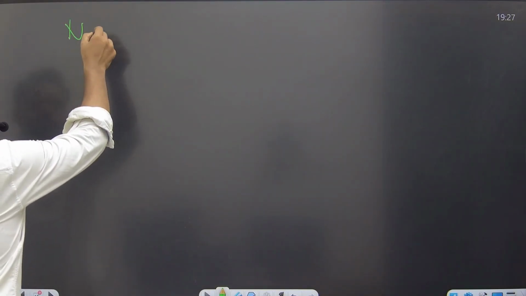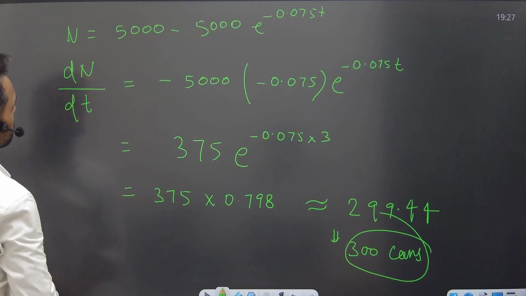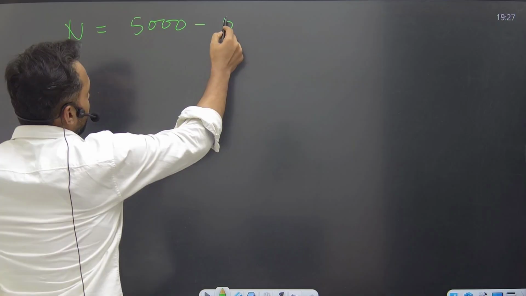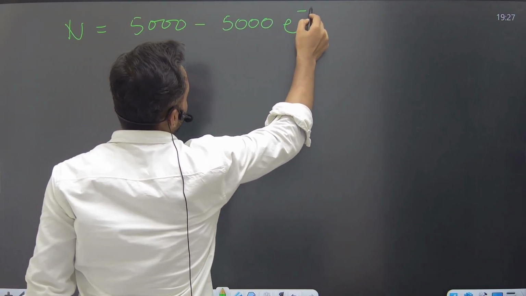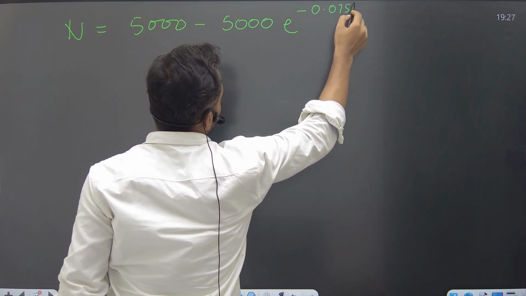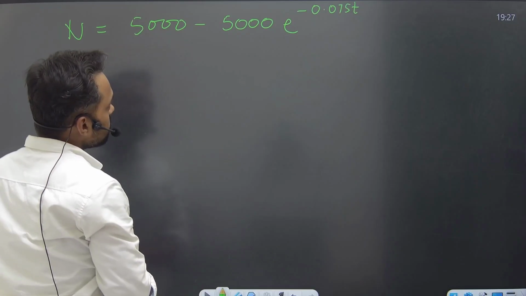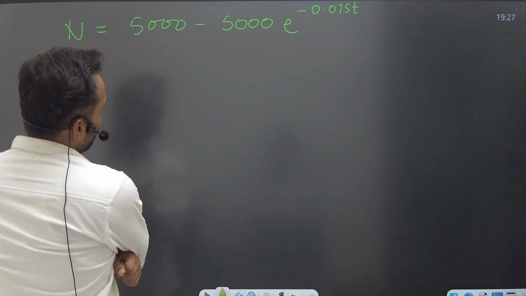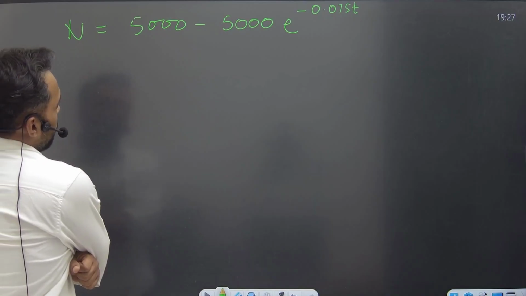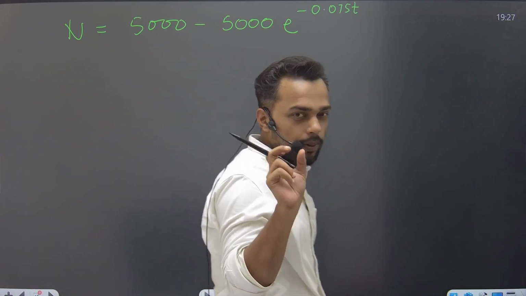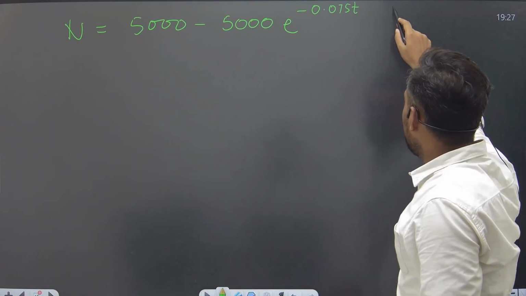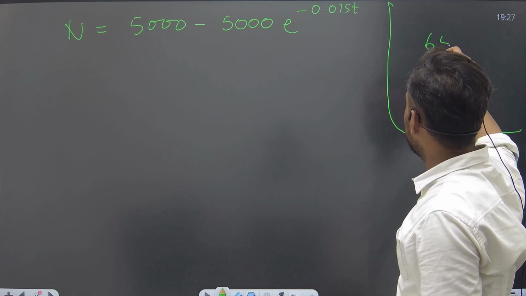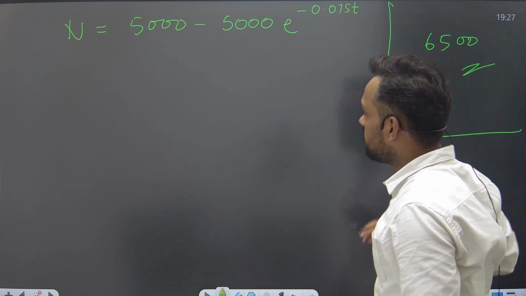N was equal to 5000 negative of 5000 e raised to the power negative of 0.075 t. This was the original equation in the question. Now according to this part, they have told that the upper limit of the number of cars is 6500. This is given in the question.